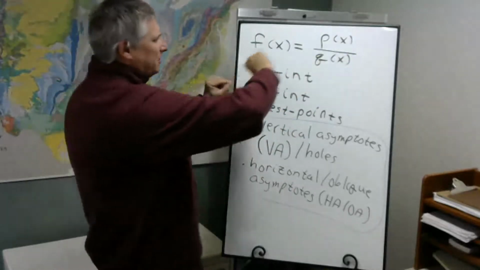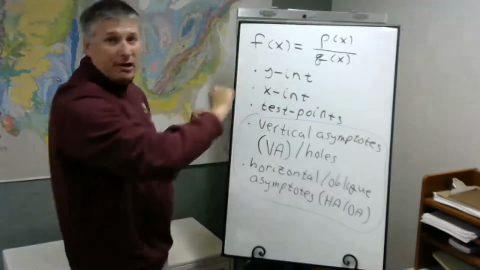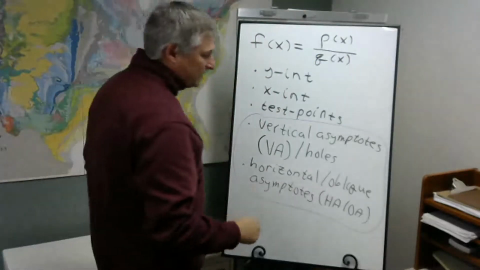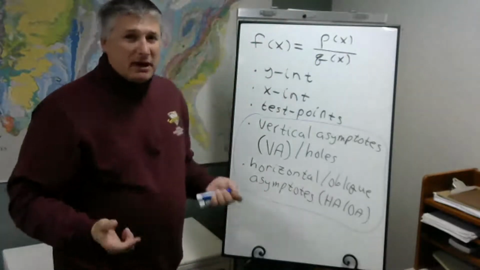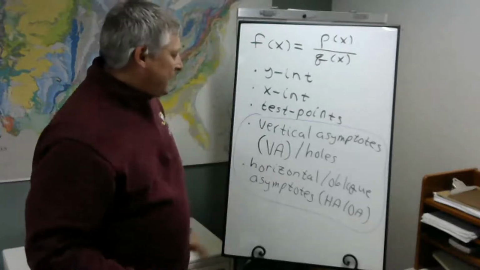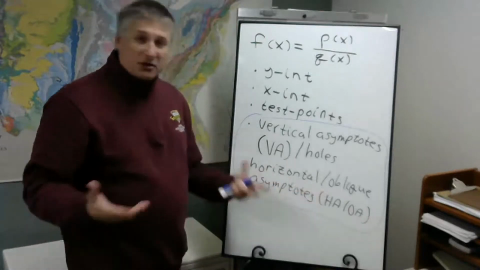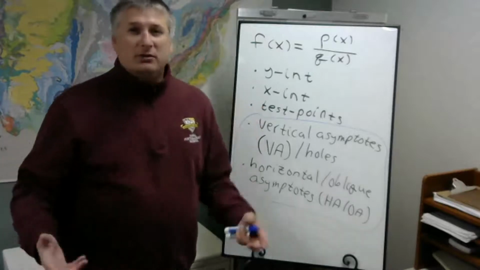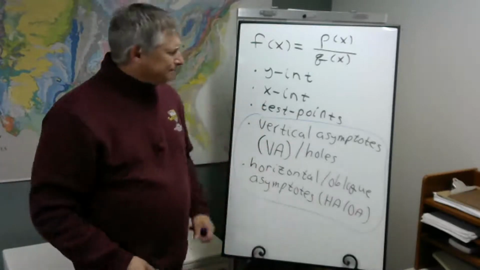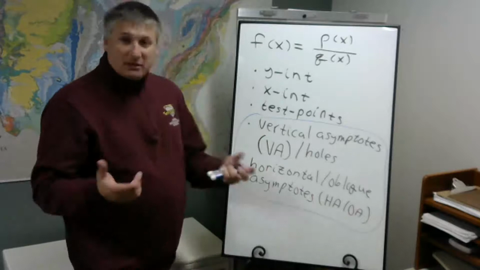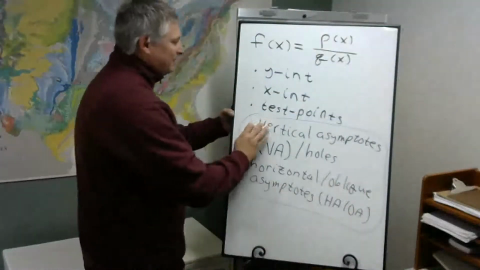It might slowly act like a line with some kind of an incline. Or in some cases, it might follow some other kind of shape. But that happens when we look at large values of x, whether they're largely positive or largely negative. So let's take a look at some of these. We'll review some of these ideas and then jump into the new ones.